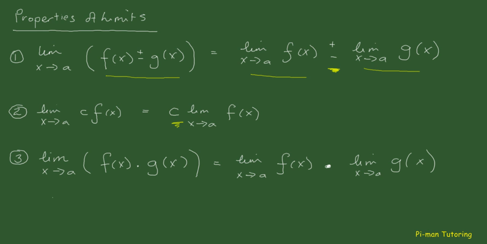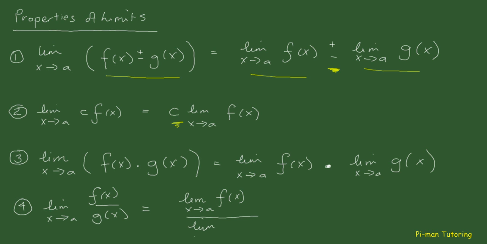So those are all very intuitive, I think, and the last case, to be just a little bit careful with this one. If you have the limit as x tends to a of f of x divided by g of x, you can simply divide the result of the first limit by the result for the second function limit.